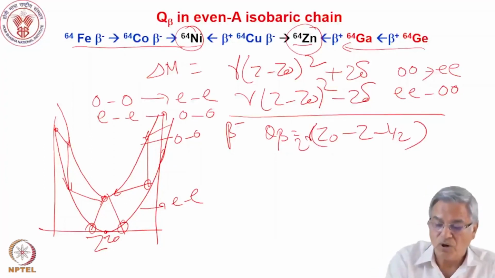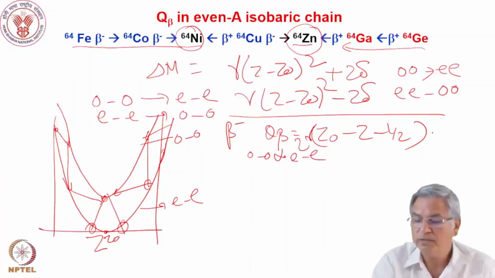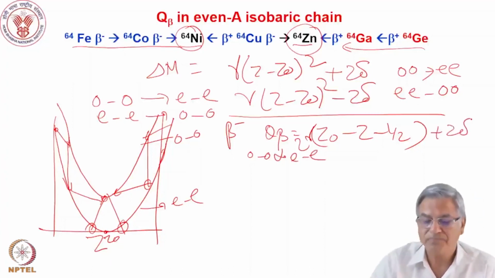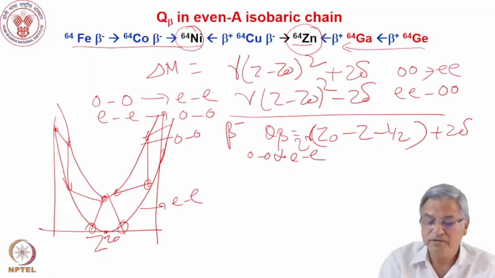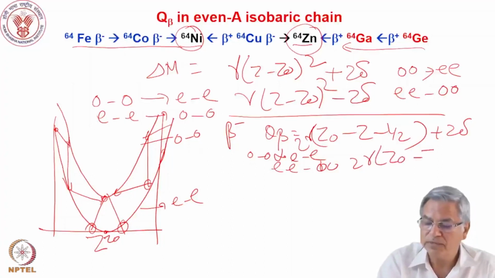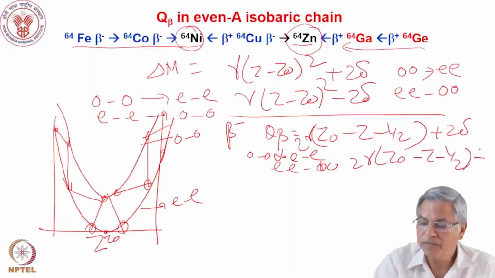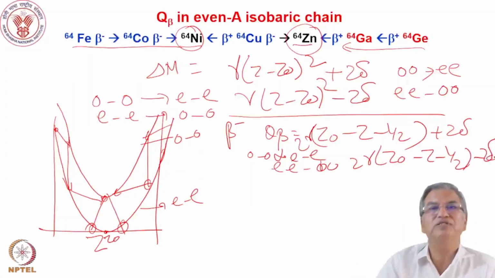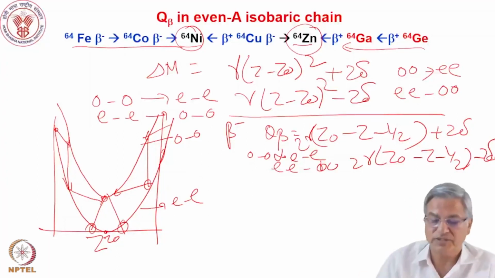So if it is odd to even, then it will be plus 2 delta. And if it is even to odd, then it will be 2 gamma Z0 minus Z minus half minus 2 delta. So that is the only difference in terms of the odd A to even A isobaric chains.